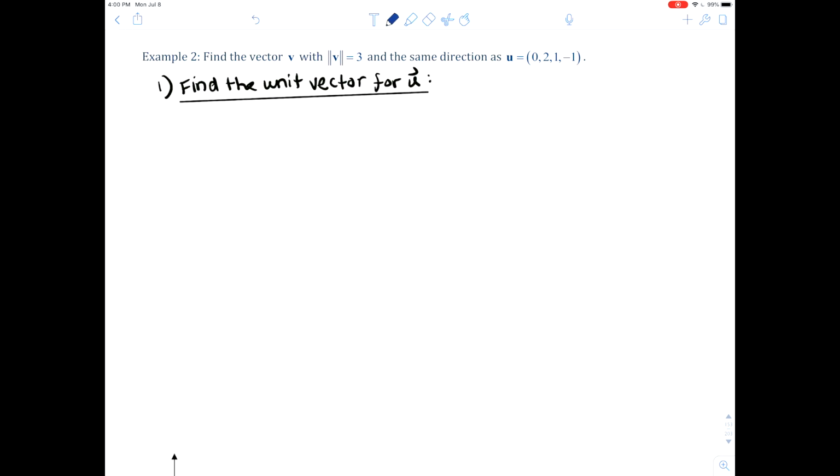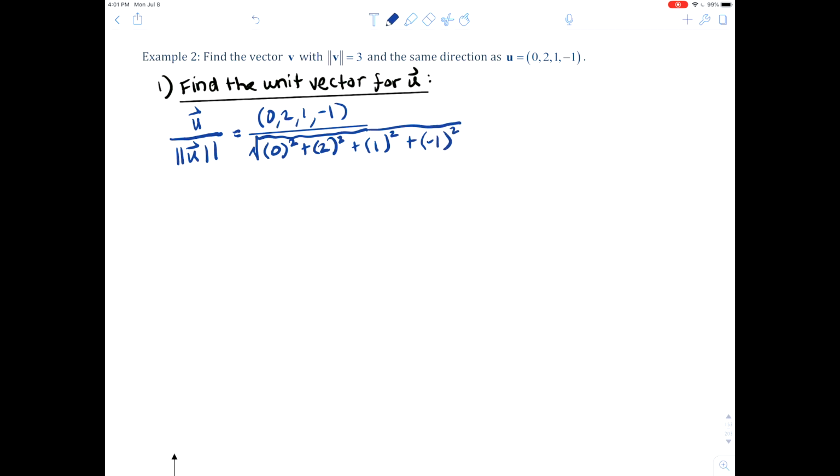So the unit vector for u would be what? u divided by the magnitude of u, which equals 0, 2, 1, negative 1, divided by the square root of 0 squared plus 2 squared plus 1 squared plus negative 1 squared. Groovy?